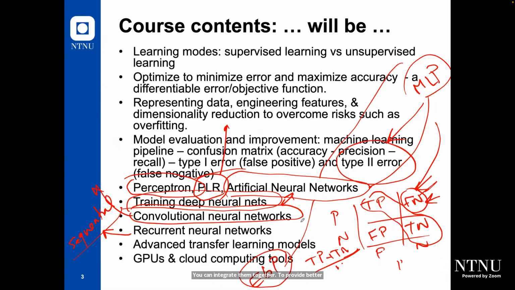After that, we will talk about some advanced transfer learning models. There are lots of models that people are using, and those models are already trained on other data sets. The idea is to import a model from its original application to my own application. For example, I can import a model trained to classify images into 1000 classes into my application, where I'm classifying into 2.